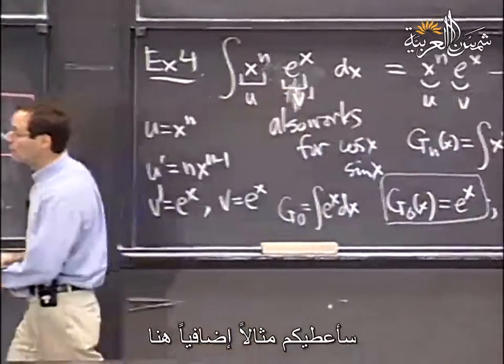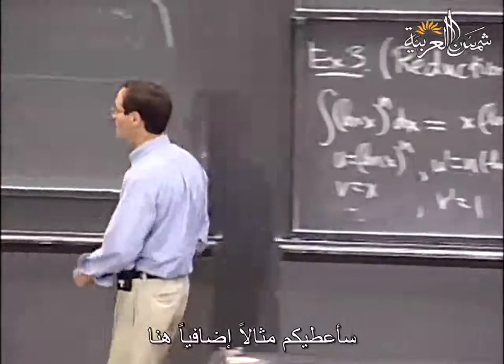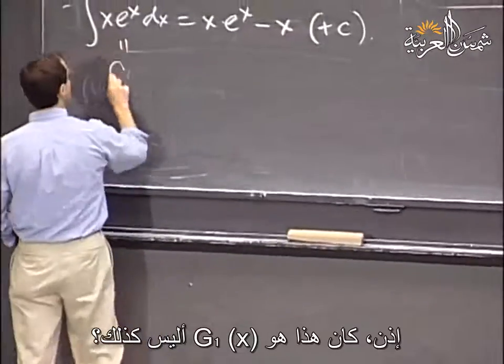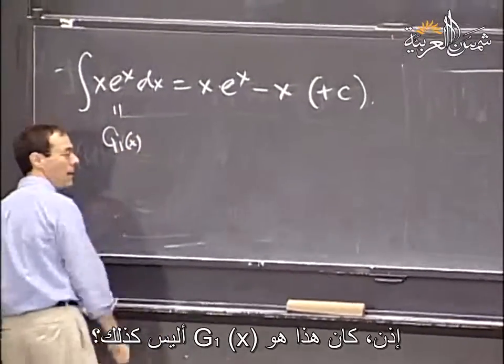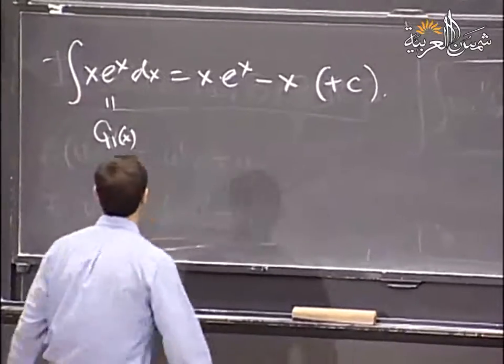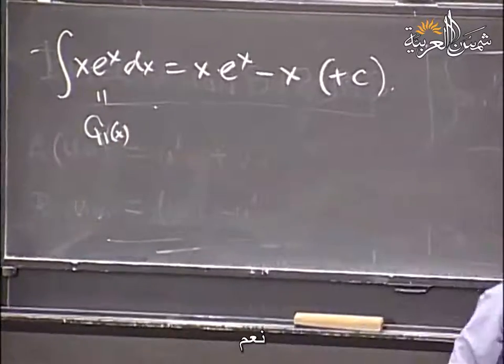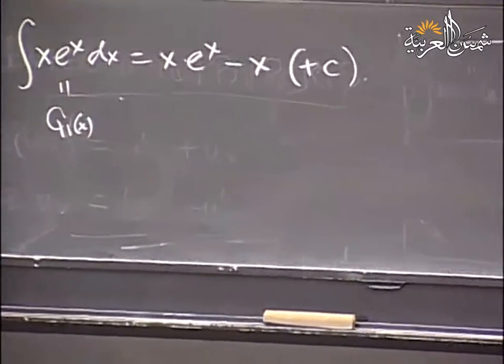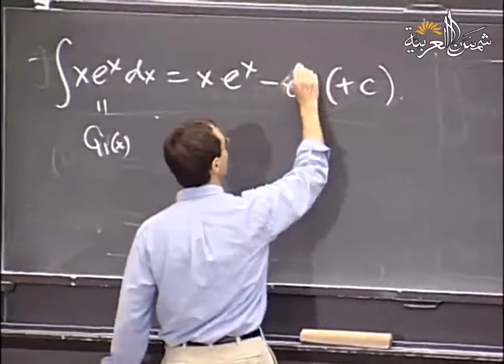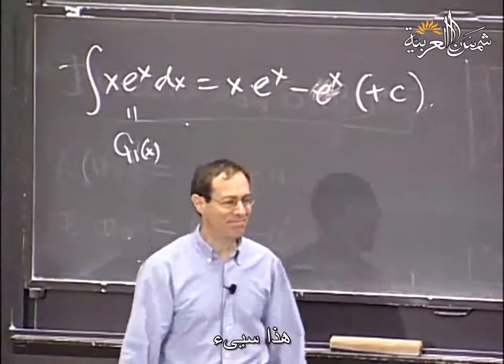I'll give you one more example here. So this was g1 of x, right? Was this one? I'll give you one more example in a second. Thank you. There's a mistake here. That's bad.